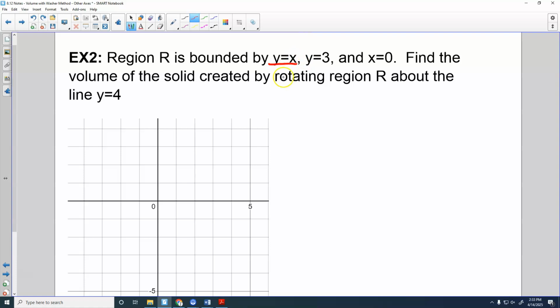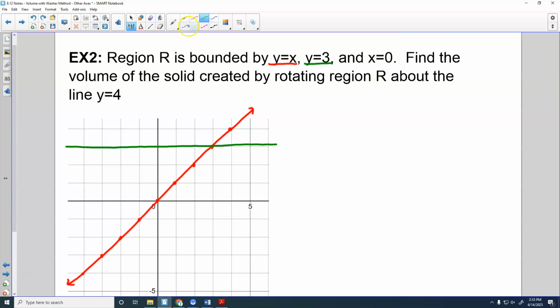So y equals x is just a line with a slope of 1 and a y-intercept at 0. We get this beautiful line right here. Y equals 3 is a horizontal line at 3.